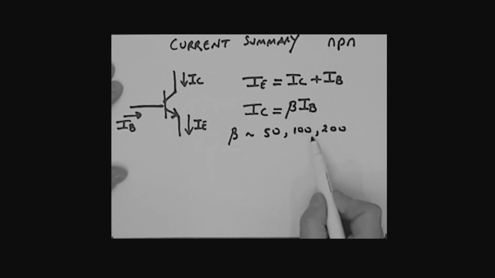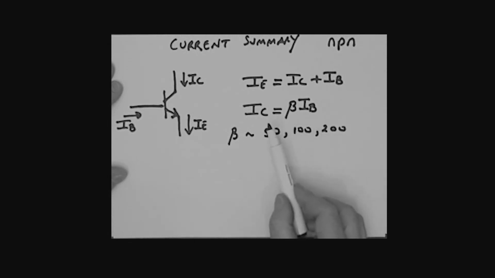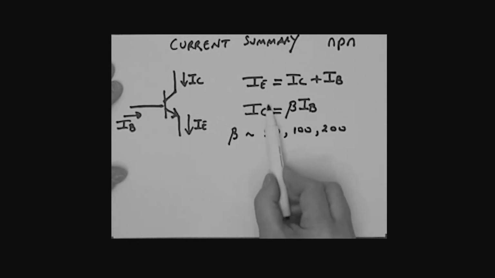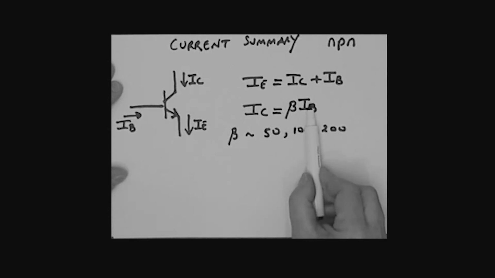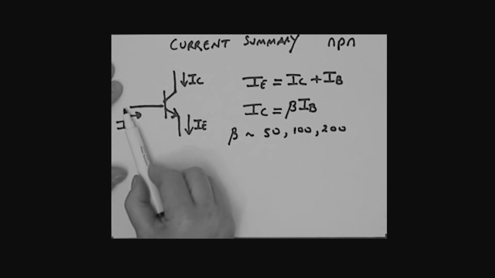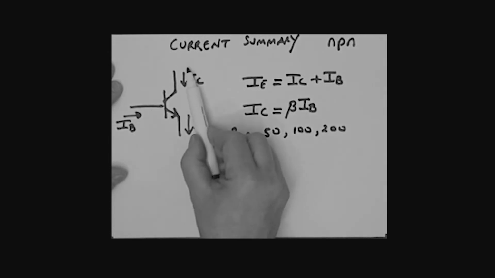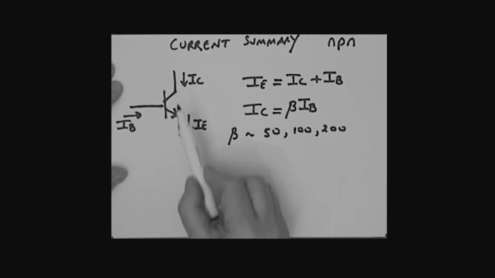And in a lot of examples, just for convenience, we will use a beta of 100. Okay. Now, what does that mean? It means that if I choose, for example, a beta of 100, the collector current is 100 times bigger than the base current. So the base current is very small compared to the collector current.